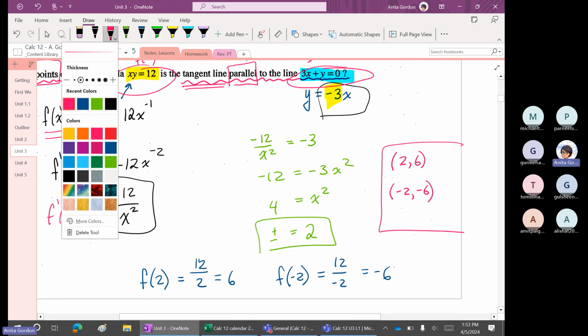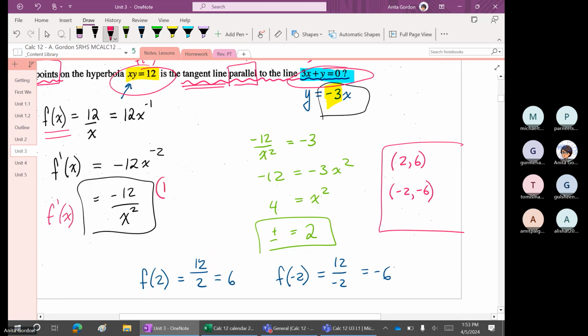Okay, so step 1, find the general derivative. Step 2, make it equal to the parallel line you want. Step 3, find the x's that you need. And step 4, put it in the OG equation. Original. Have to keep up with your guys' lingo, right?